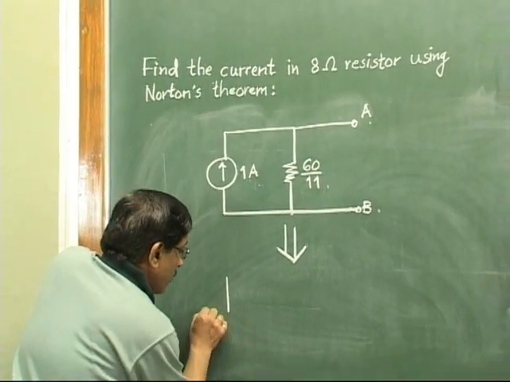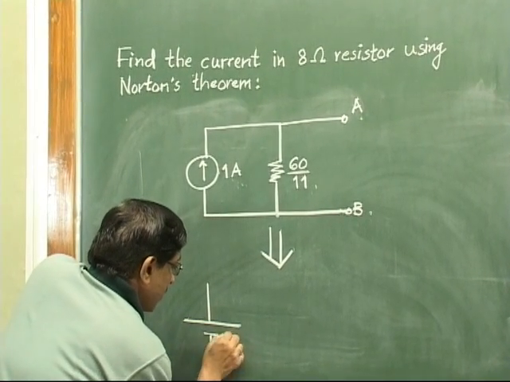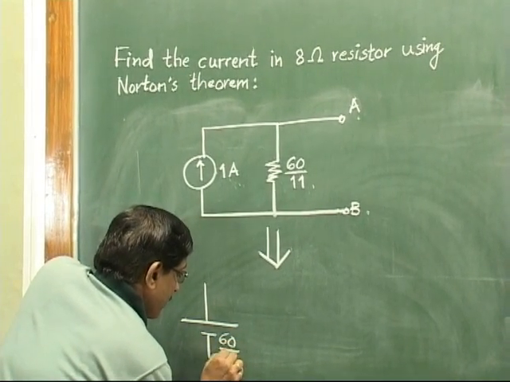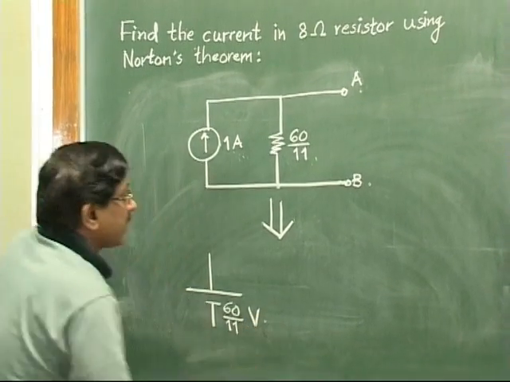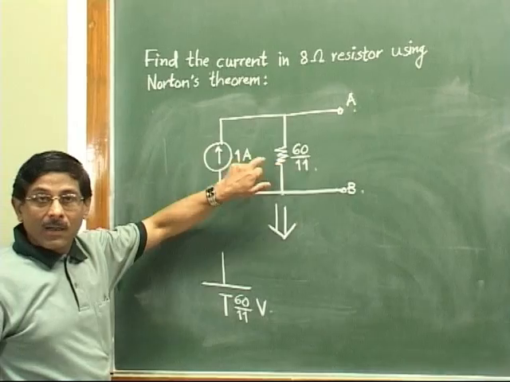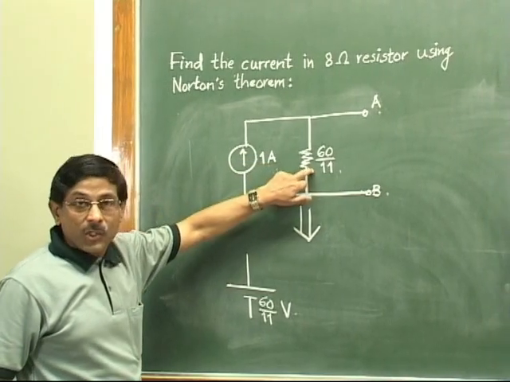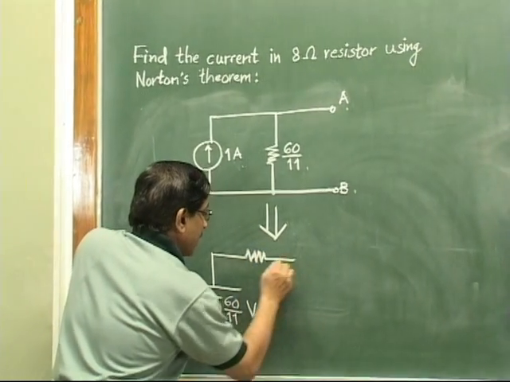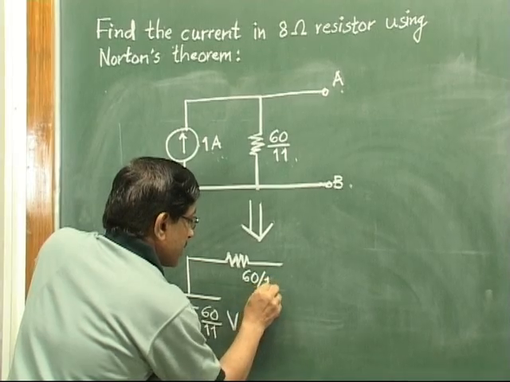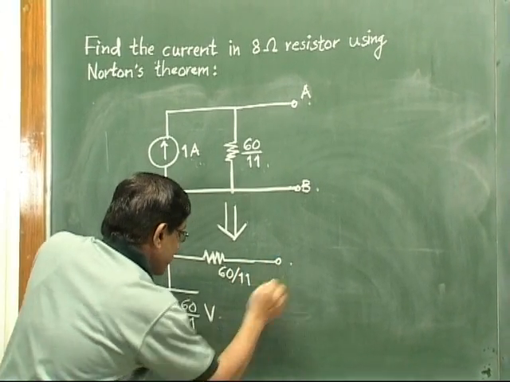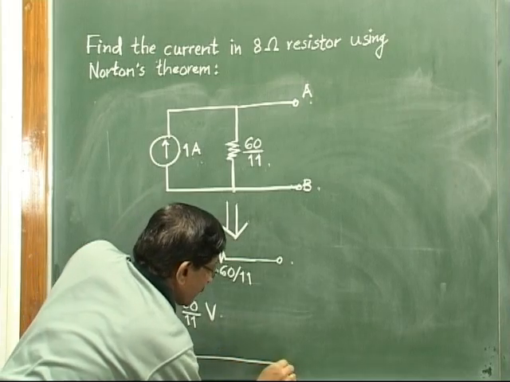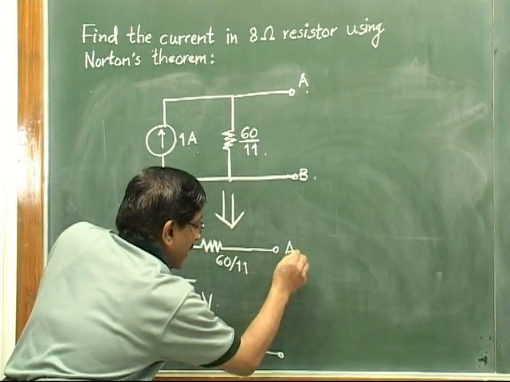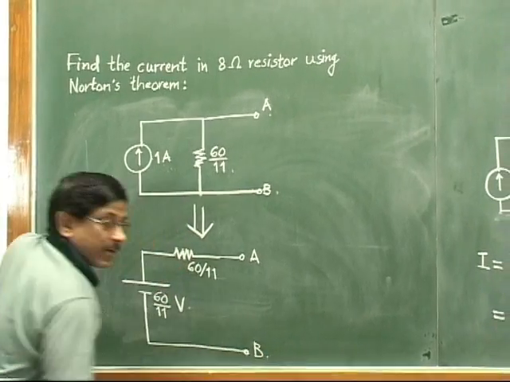So the equivalent voltage source would be 60 by 11 volt. And the same resistor which is in parallel with the current source must be shown in series now. So we will show the same resistor 60 by 11 in series with this voltage source, and then points A and B will be located here. So it is a simple thing to convert the sources in this particular fashion.